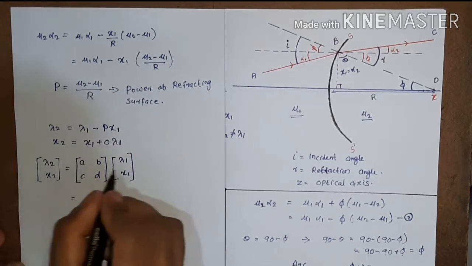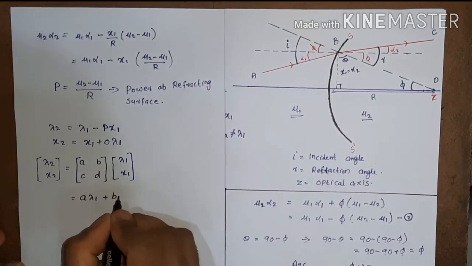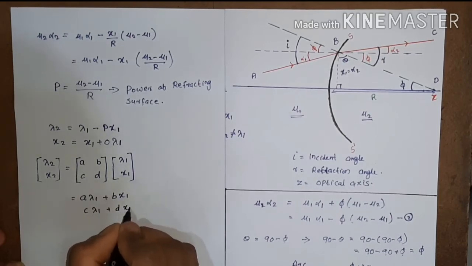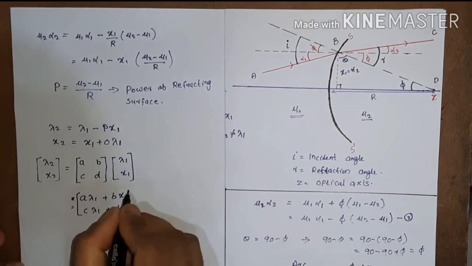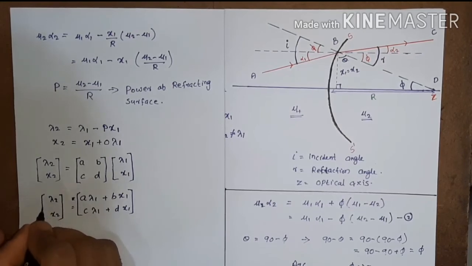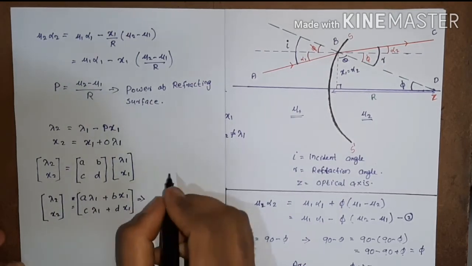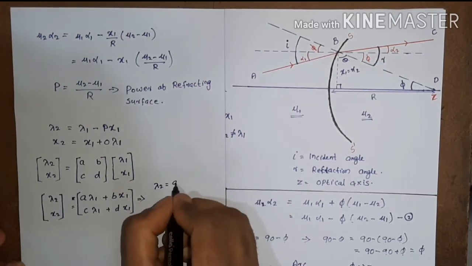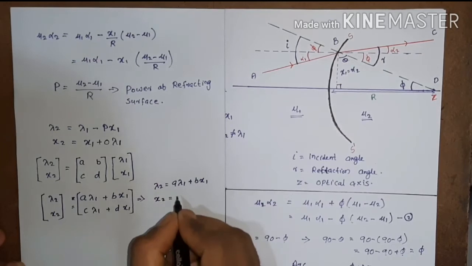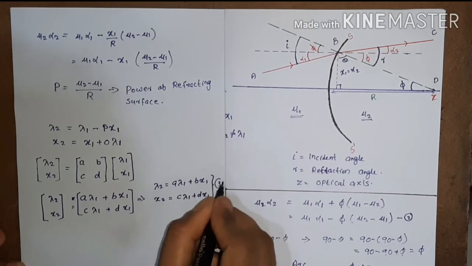If I multiply these matrices, I will obtain A lambda 1 plus Bx1 and C lambda 1 plus Dx1, which is a column matrix, and on the left hand side is lambda 2 and x2. So if these two matrices are equal, lambda 2 will be equal to A lambda 1 plus Bx1, and x2 will be equal to C lambda 1 plus Dx1. Let it be equation number 3.